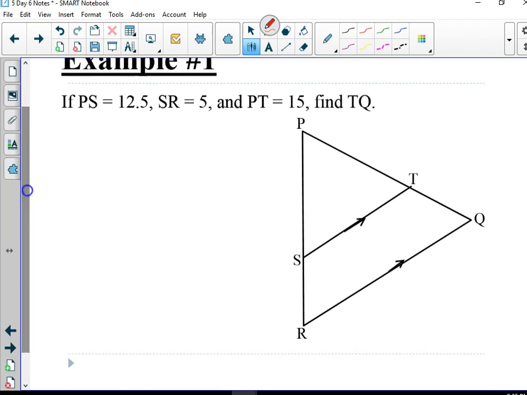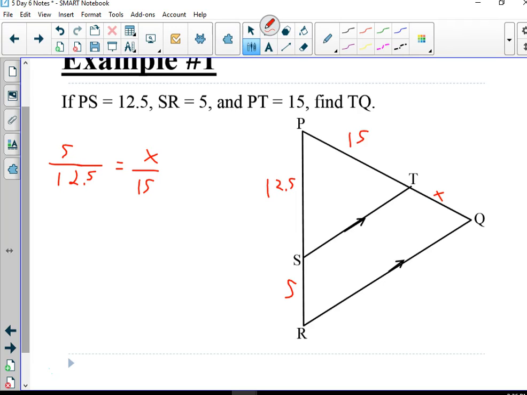Okay, so if PS is 12.5 and SR is 5 and PT is 15, and we're trying to find TQ, we can say 5 is to 12.5 the same way x is to 15.